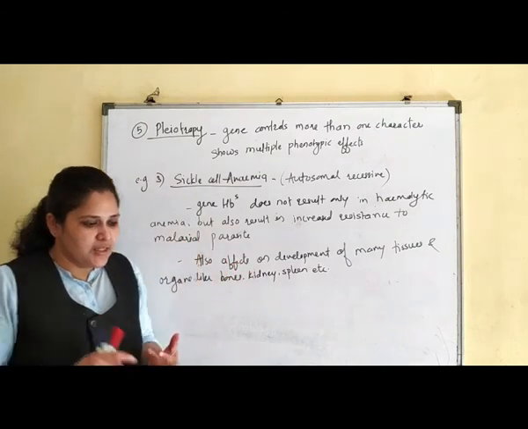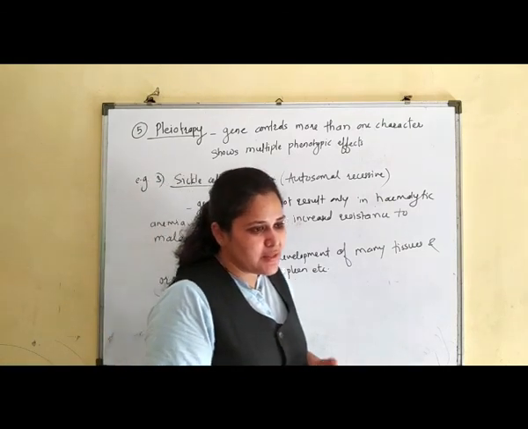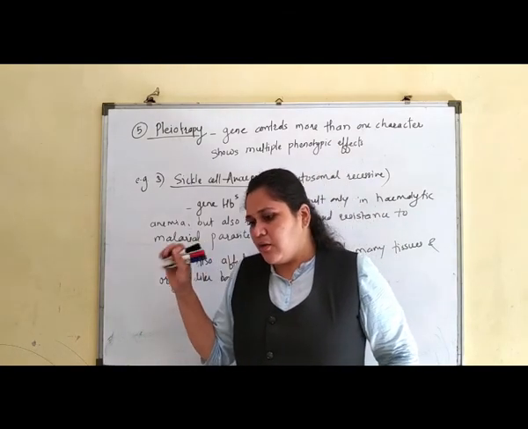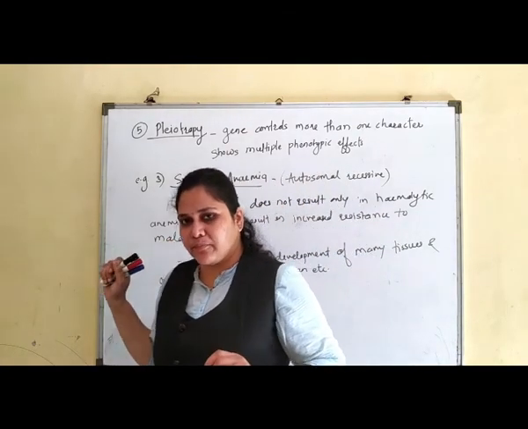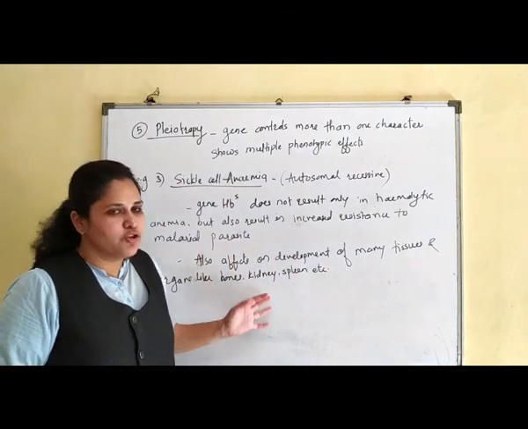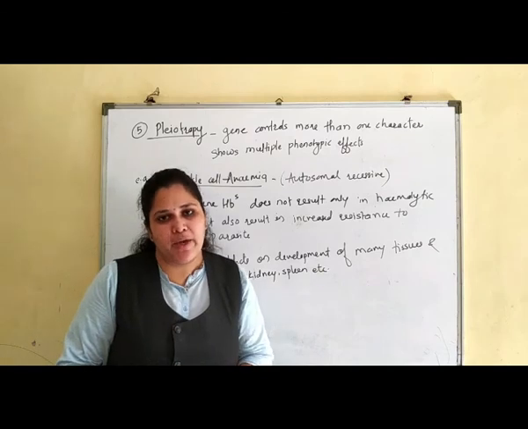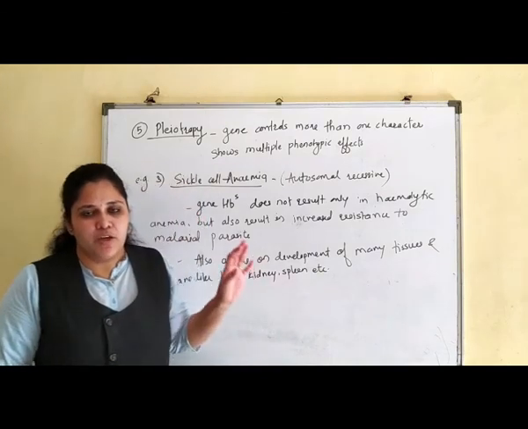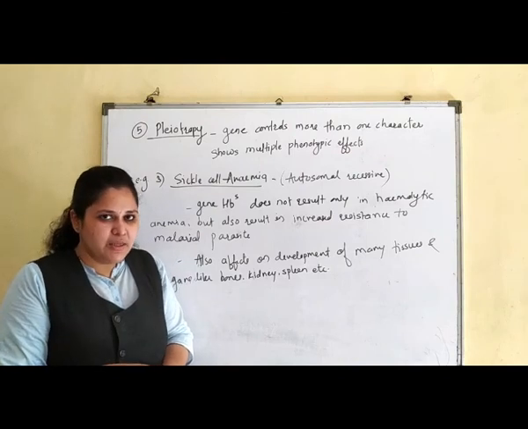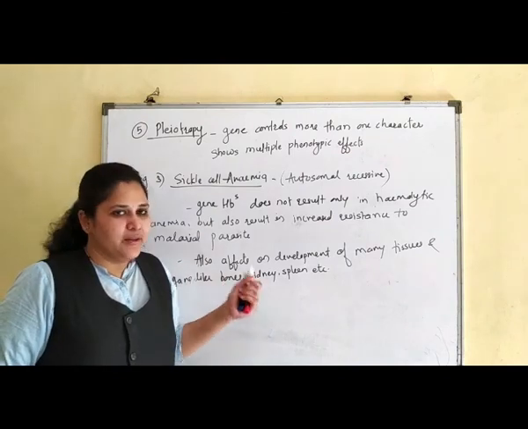From this, incomplete dominance, codominance and pleiotropy are there for your study. And the remaining examples are not mentioned, but you should know them because an MCQ can come in any way. Fine. So I hope you all have understood. If you have any doubts, just ask me. I will include that in the next video.